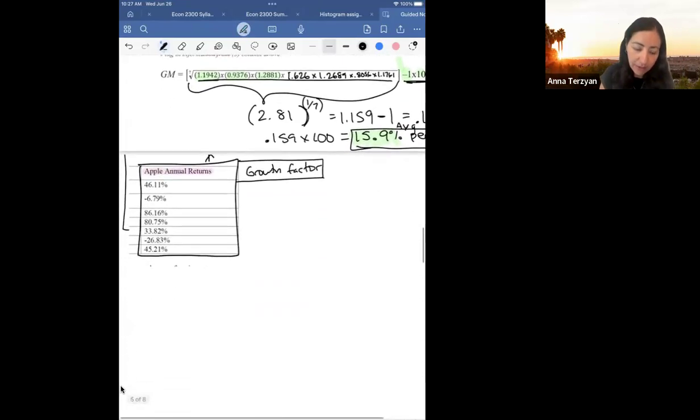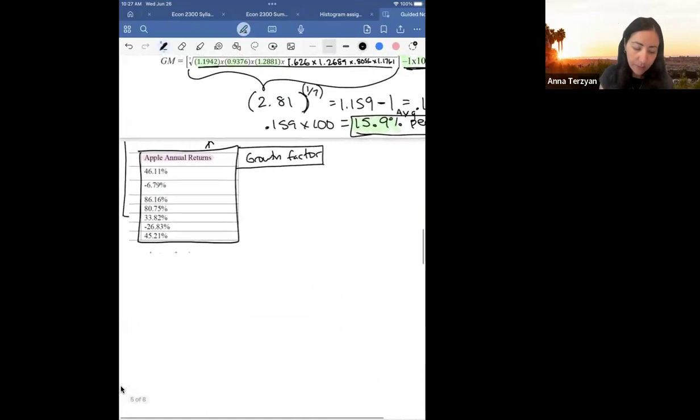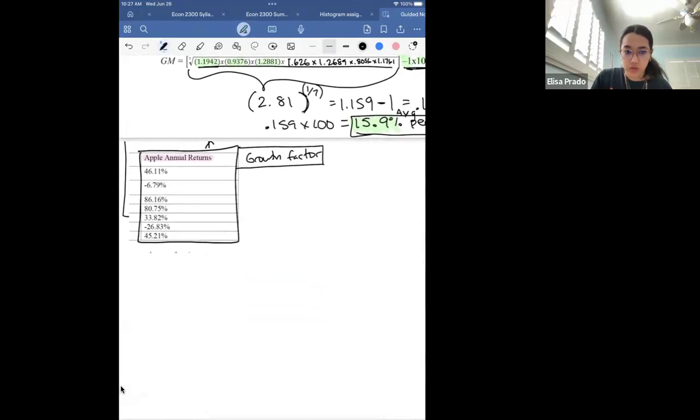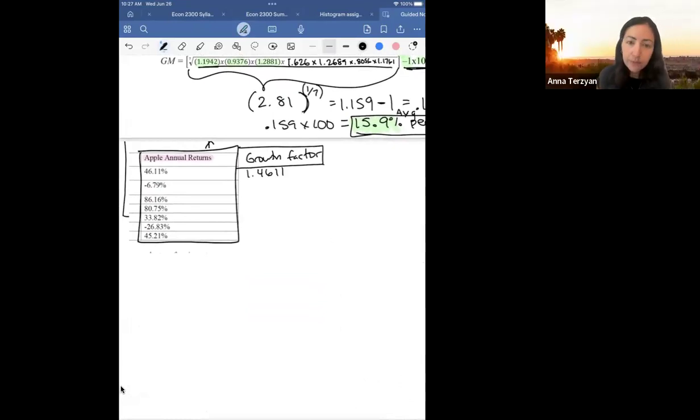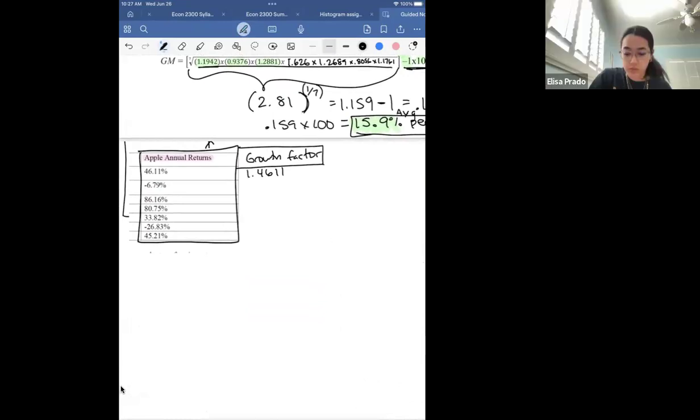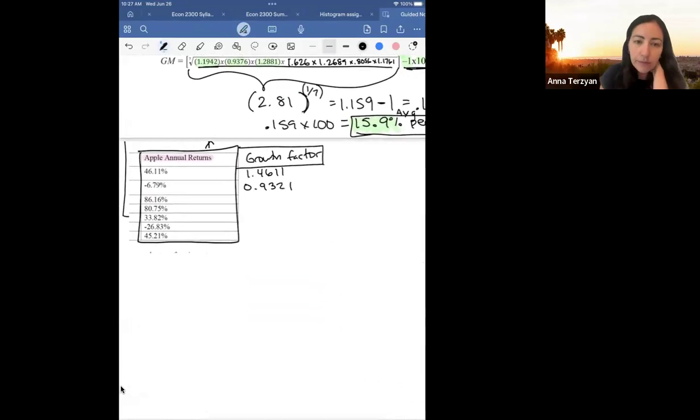That's your growth factor. What's the growth factor for the first year? 1.4611. Yep. What's the growth factor for the second year? 0.9321. Okay. Third year.